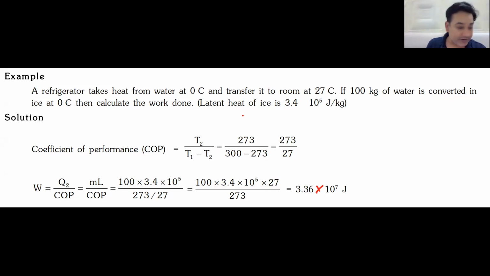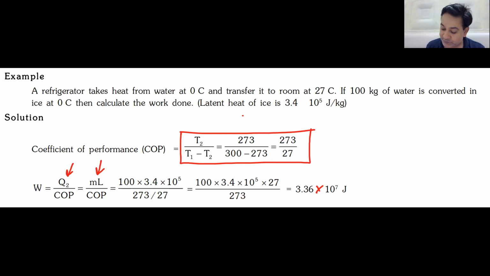So basically you have to convert 100 kgs of water into ice. How much heat you have to take out? Q2, which is M into L. And then you have to calculate the coefficient of performance, T2 upon T1 minus T2. Water is at 0 degrees Celsius, 273 Kelvin. That's it. You understood the concept behind this? Great.